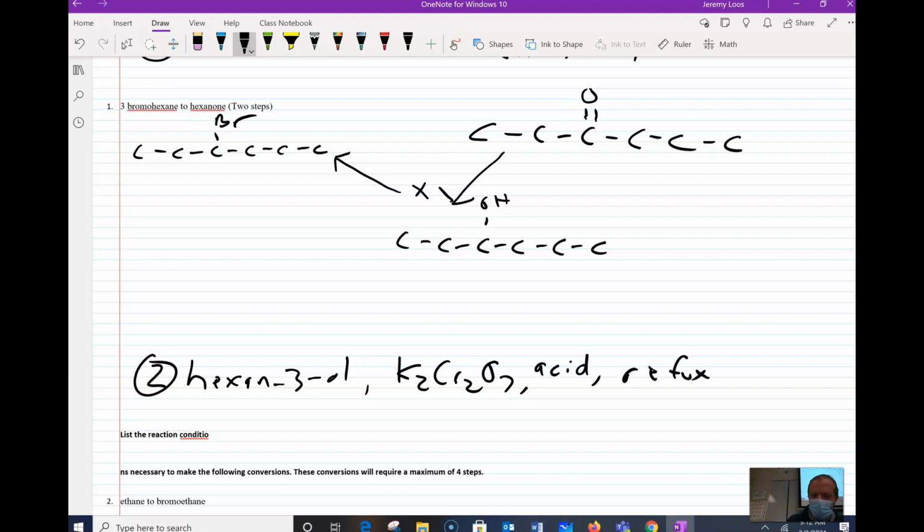Reflux doesn't matter here because you can't make the carboxylic acid anyway, but you're still probably going to want to heat it for a long time.